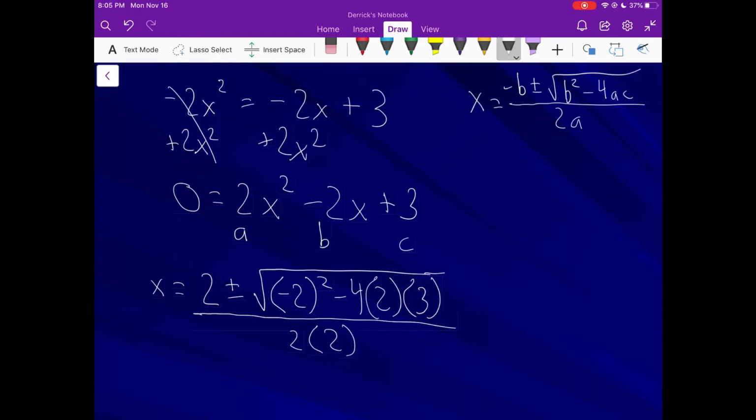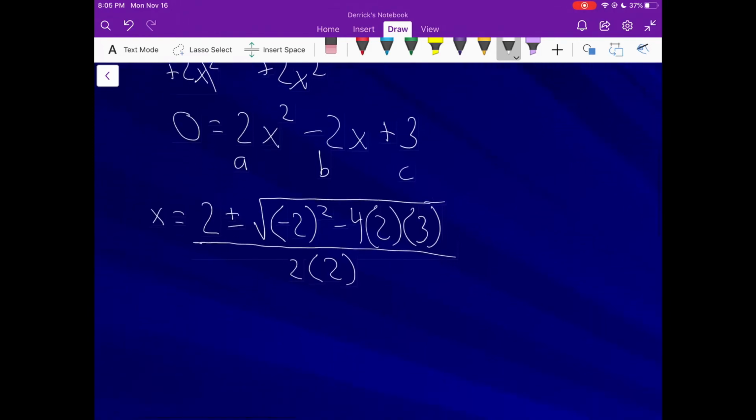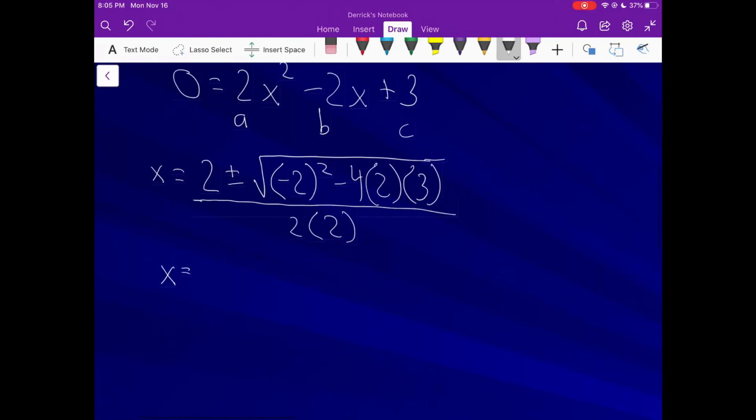Again, just like the last example, my most immediate goal is to try and get that radical down to a single number and see what I can do with that. Well, in this case, that means we'd have the square root of +4. Again, remember, any number squared becomes positive, so -2 squared is still a +4. And then I've got -4 times 2 times 3.